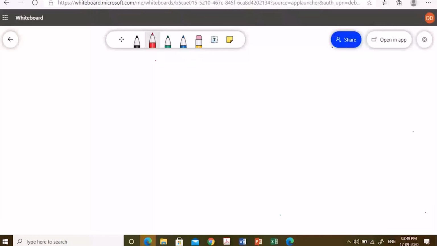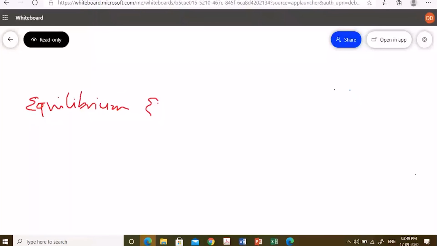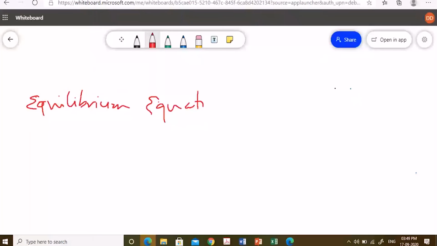It's called the equilibrium equations, the equation of stresses, or the stress equilibrium equation.